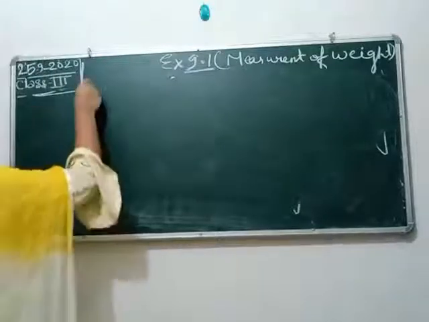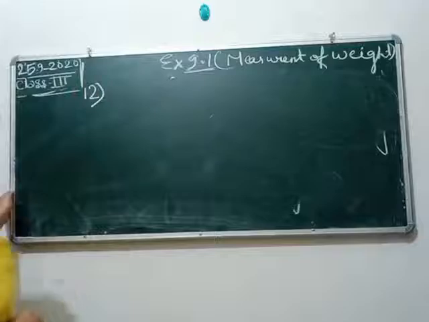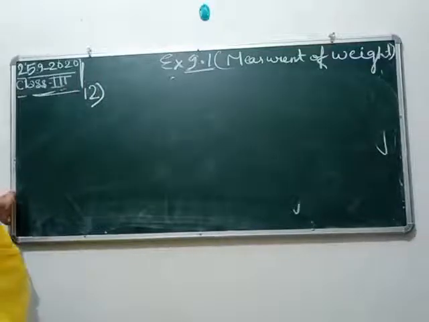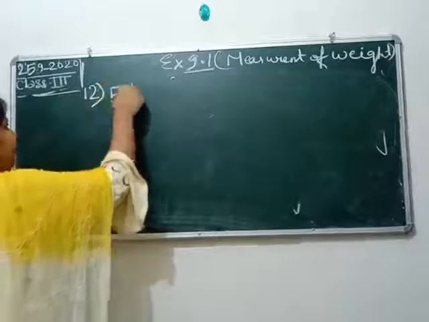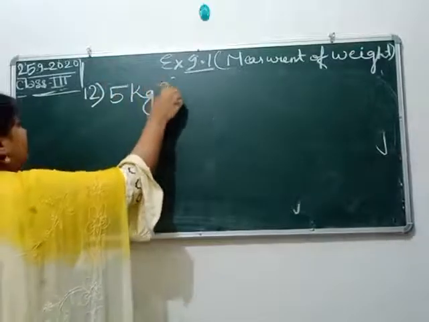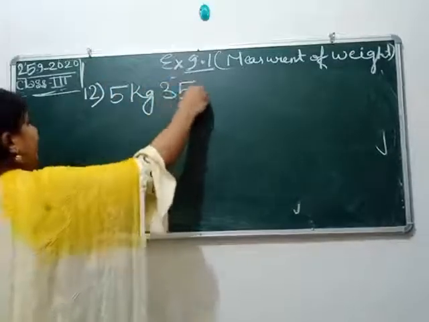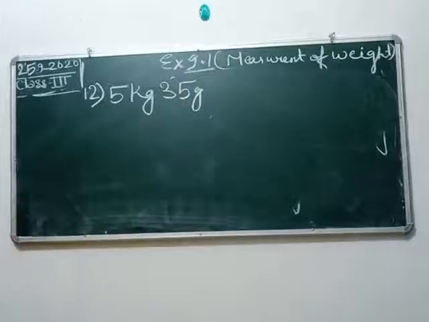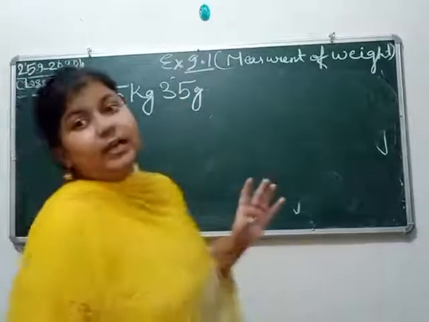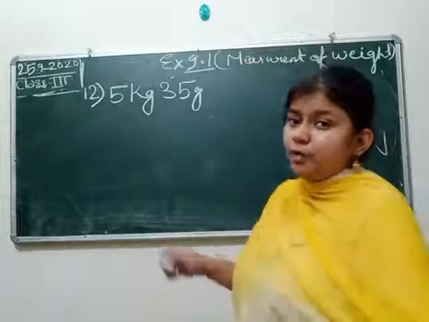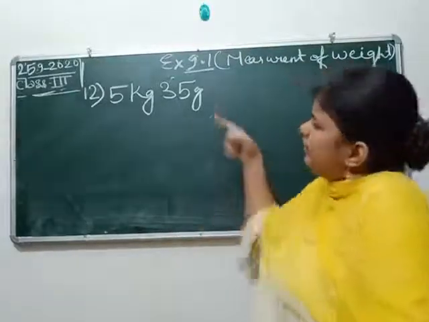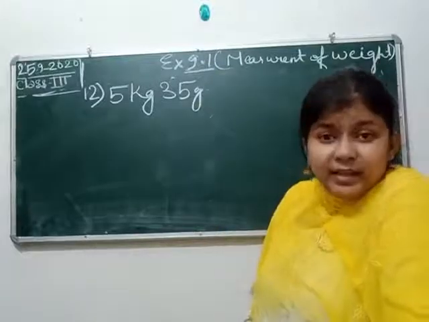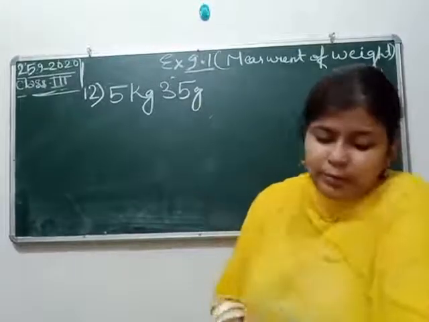Question number 12 is a bit technical. This question states 5 kg 35 gram. Now come on, convert it. First you will convert the 5 kg, and then the 35 gram, what will we do? We will add it. Come on, do it and show me the answer.